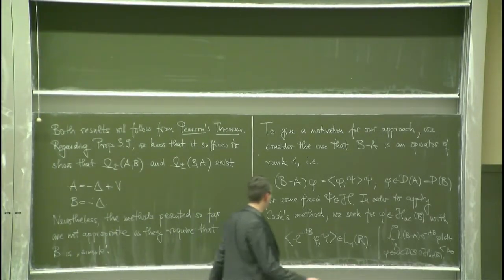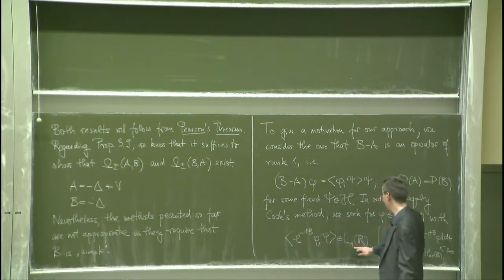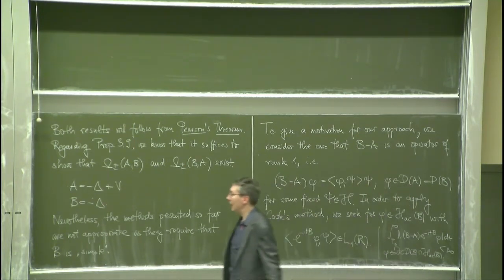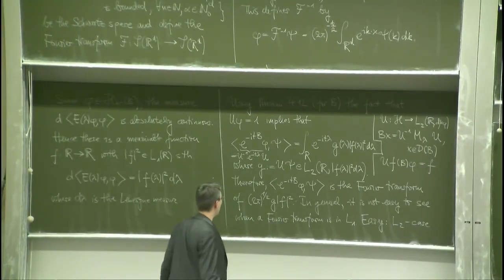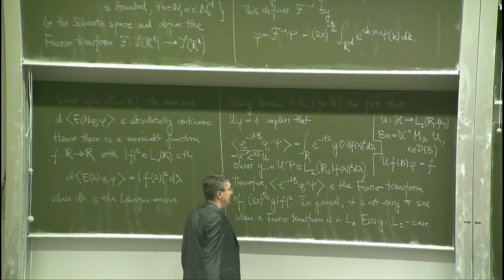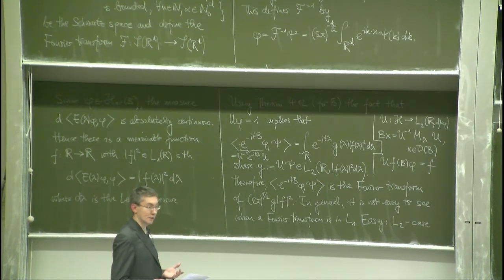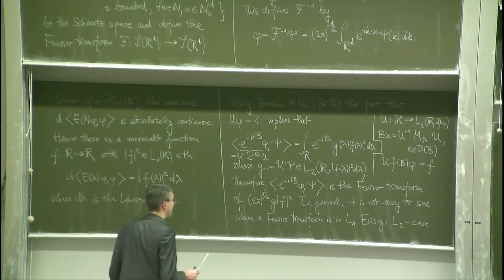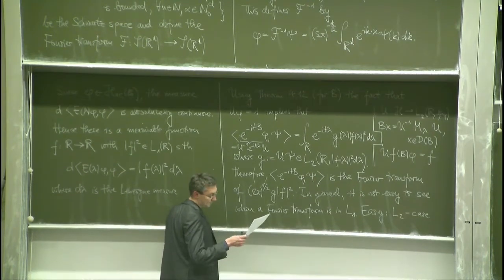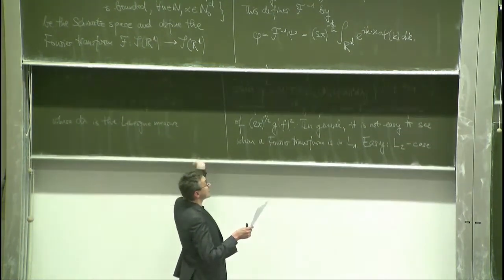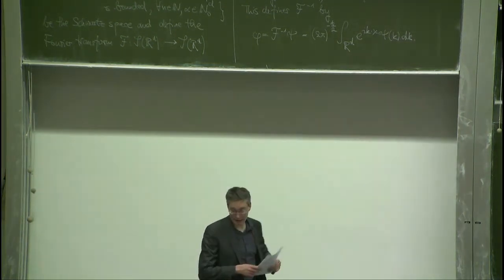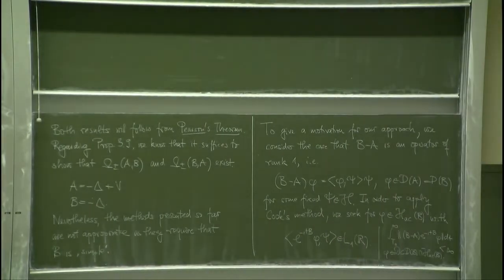We want to have that this expression here is in L1, and then we found out that this expression is the Fourier transform of this function here. And in general, it's not so easy to get that a Fourier transform is an L1 object, but the L2 case is easier to handle. So let's keep this in mind for the following considerations. And let's state our next goal here.